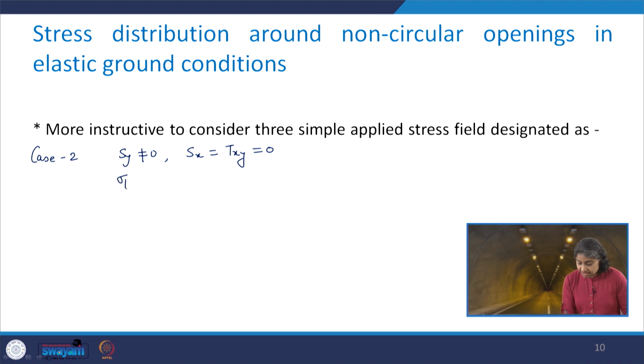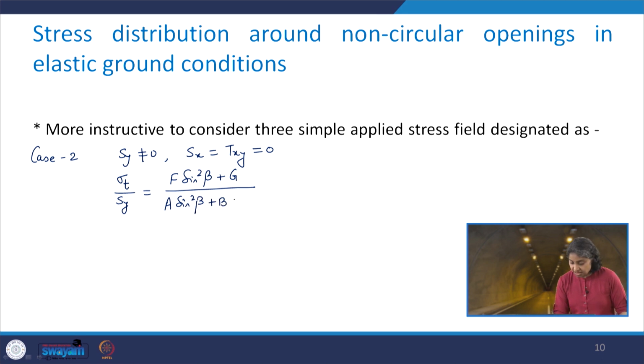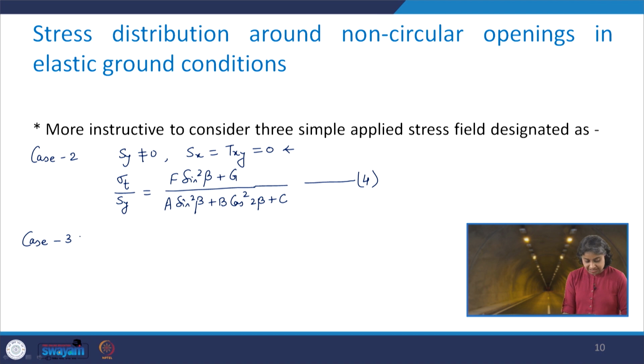So, what we get here is sigma T upon Sy as F sine square beta plus G upon A sine square beta plus B cos square 2 beta plus C. So, this is the resulting expression in case you have this type of state of stress. And then finally, the third case, which I represent as case 3.